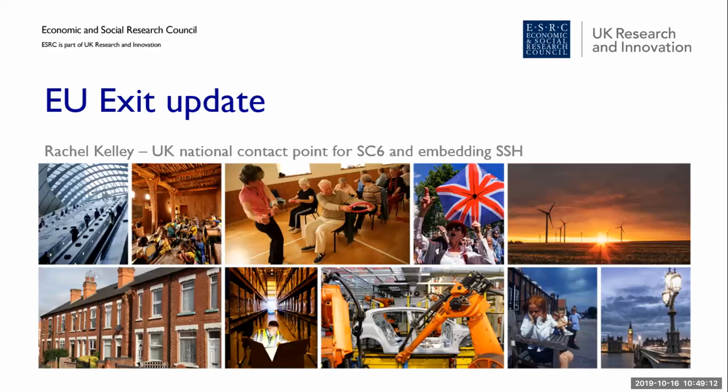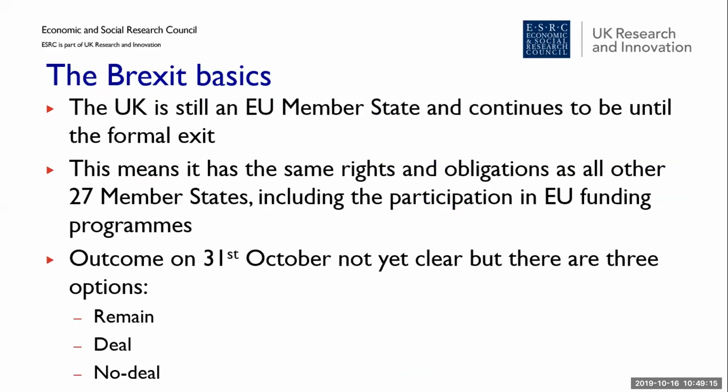So now I'm going to move swiftly on to the EU exit update. I know there's a lot going on this week, and we cannot say for sure what is going to happen, but I think at the moment there are three options: remain, deal, or no deal. At the moment, we are still in the EU.